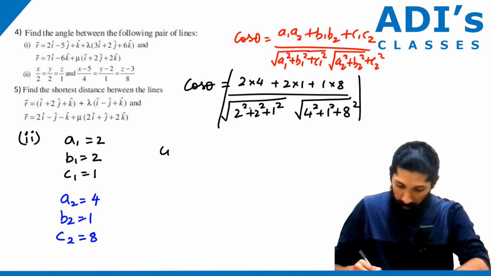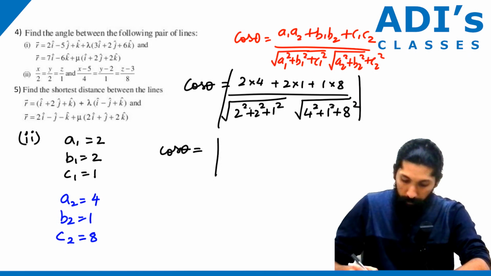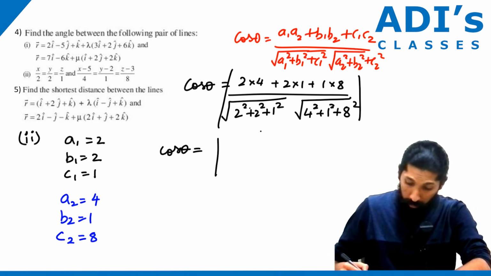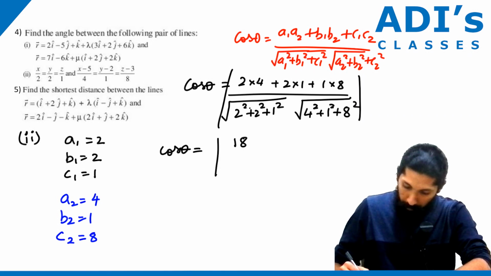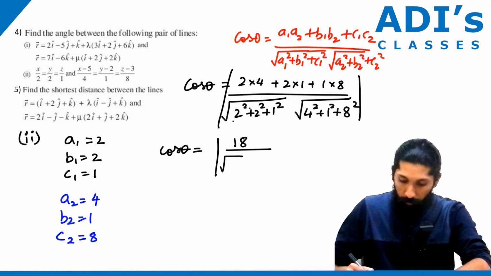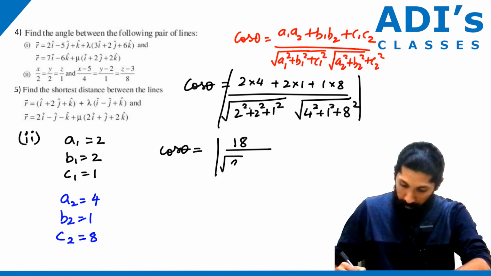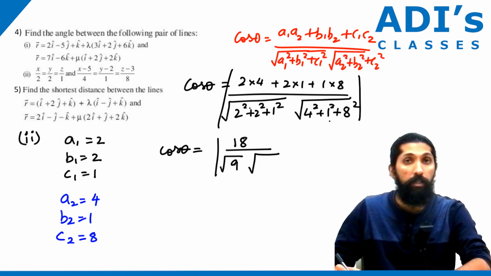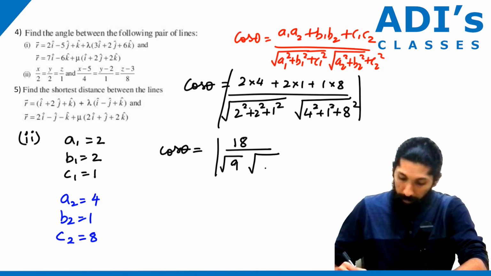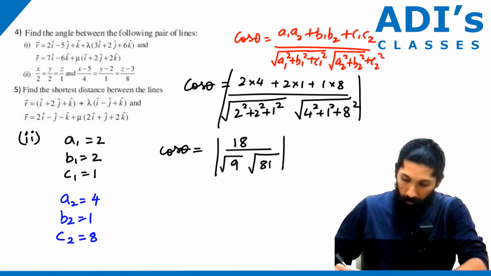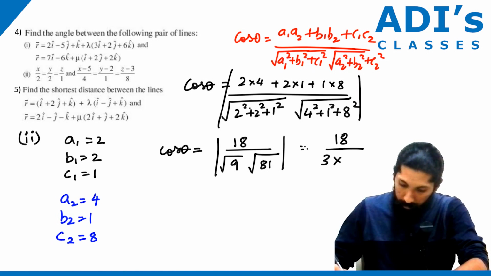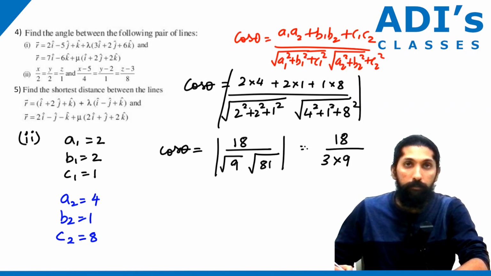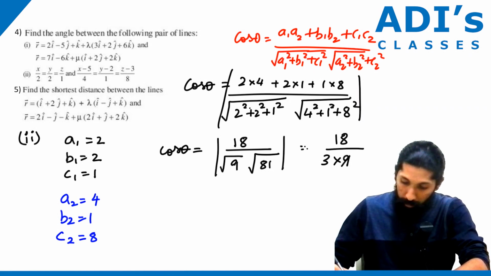So cos theta is equal to 8 plus 8, 16, 16 plus 2 is 18 by root of 4 plus 4 is 8, 8 plus 1 is 9, into root of 16, 16 plus 1 17, 17 plus 64, root of 81, which becomes 18 by 3 into 9, isn't it? Now you can cancel it, 2 by 3.